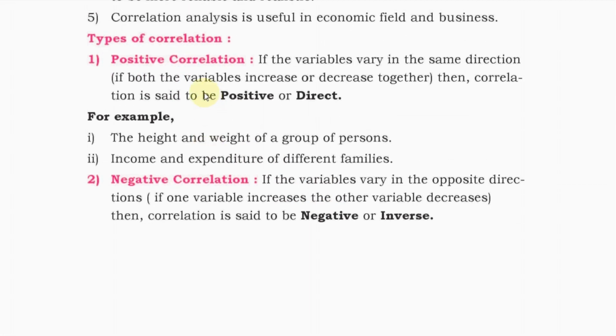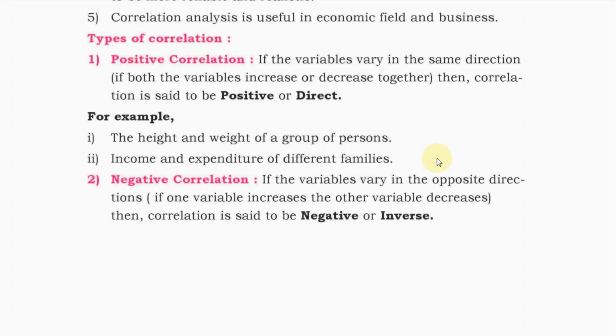Let us look at the types of correlation. The first one is positive correlation. If the variables vary in the same direction, that is, if both the variables increase or decrease together, then the correlation is said to be positive or direct. For example, the height and weight of a group of persons, income and expenditure of different families.